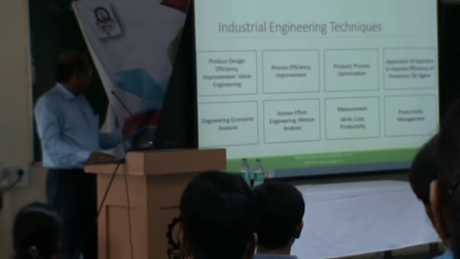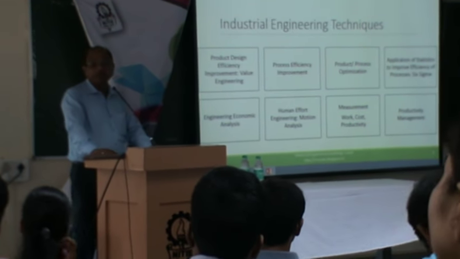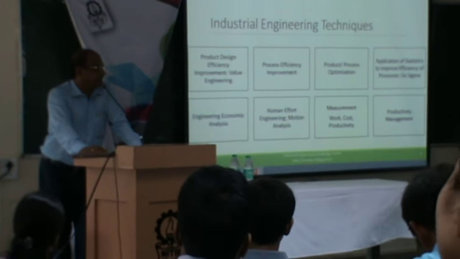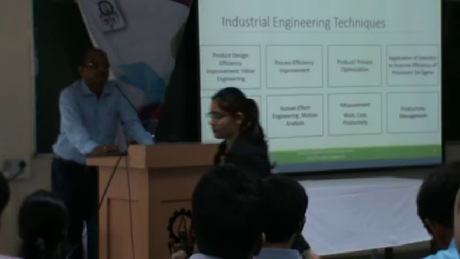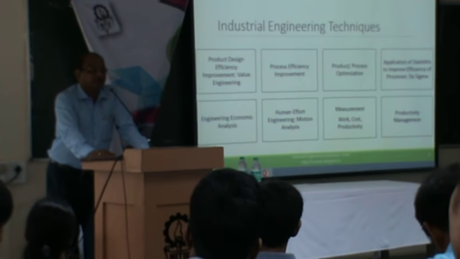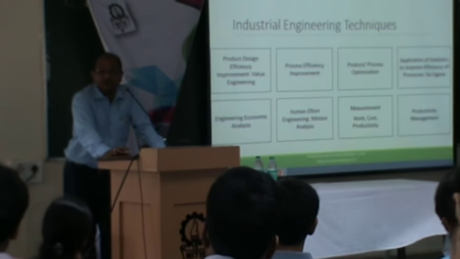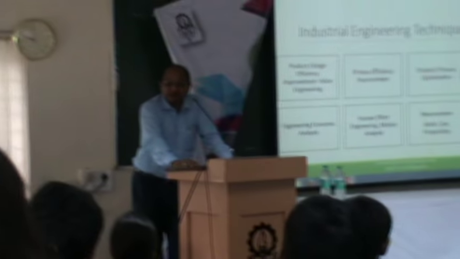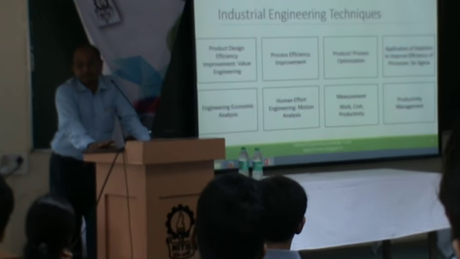Right? Then we are talking of the human effort engineering. What is the human effort engineering? Whatever movements we are doing with our hands, with our legs, with our body, and doing a work in an engineering system, that work can be improved.